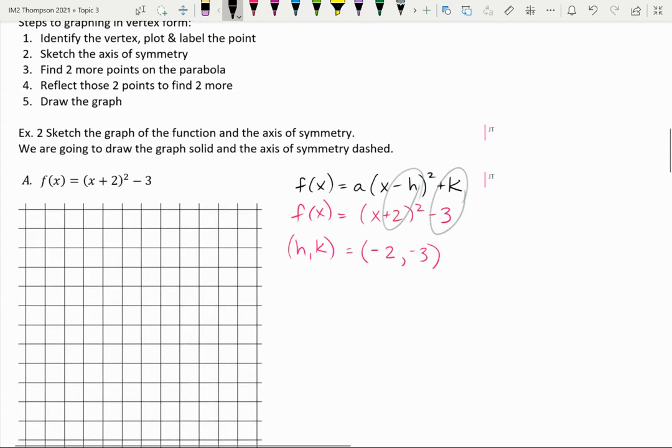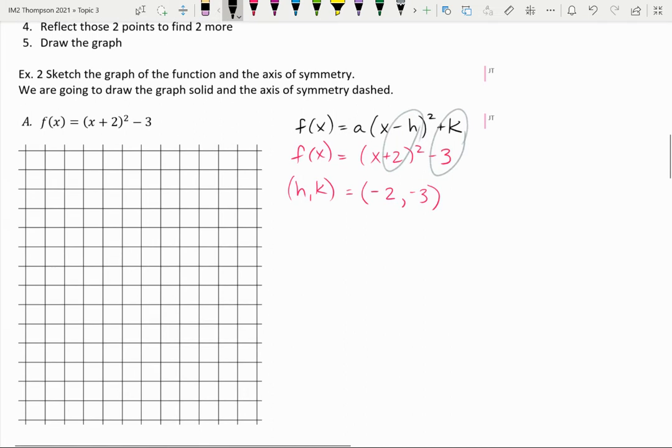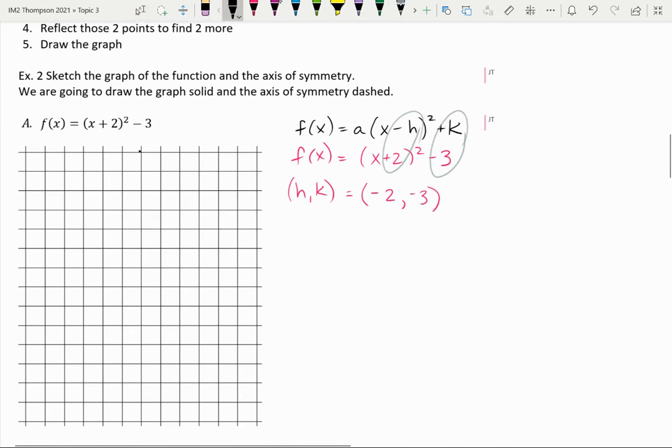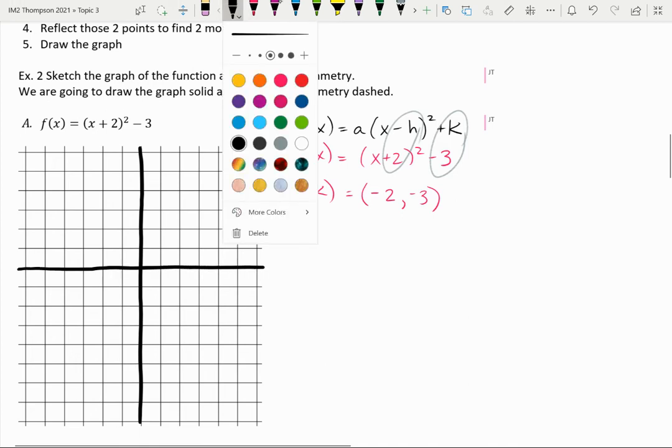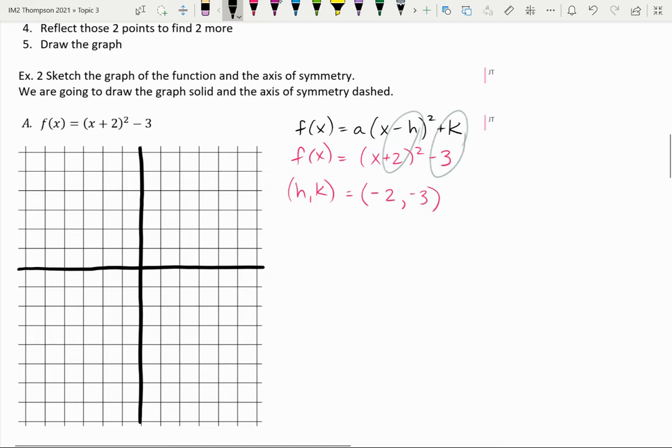All right, so you've got some graph paper, so let's go ahead. You have a vertex at (-2, -3).